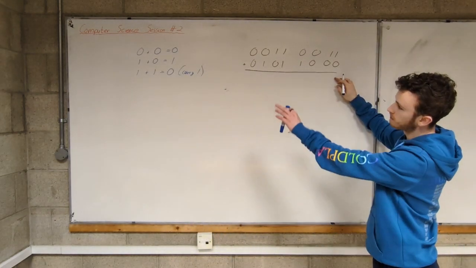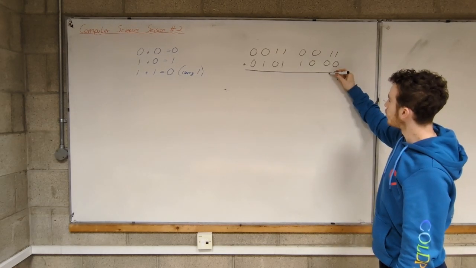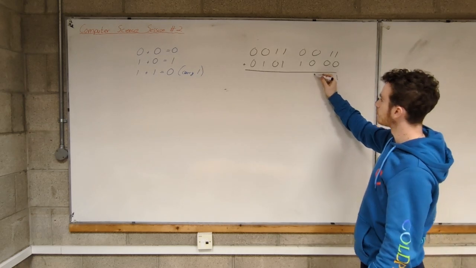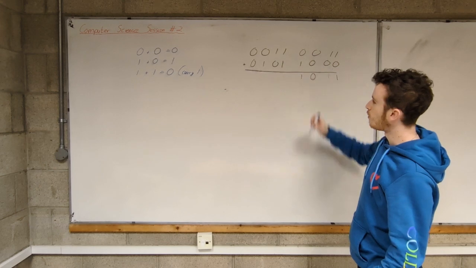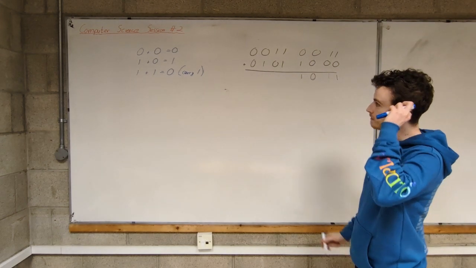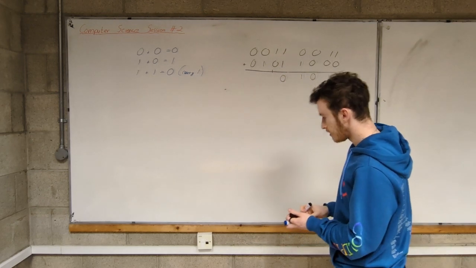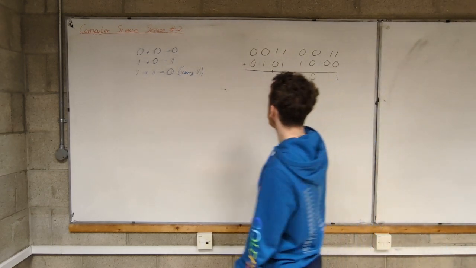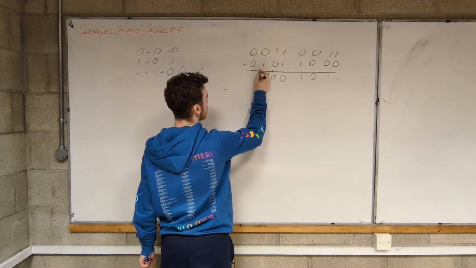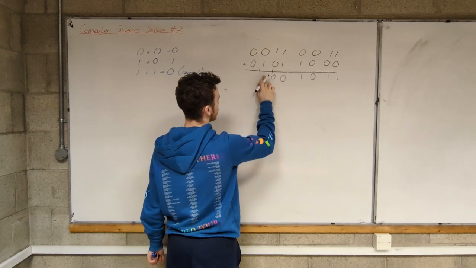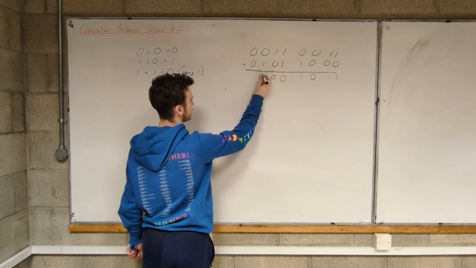So 1 plus 0 is 1. 1 plus 0 is 1. 0 plus 0 is 0. 1 plus 0, 1. 1 plus 1 is 0, and carry the 1. 1 plus 1, 0, carry the 1. 1 plus 1 is 0.